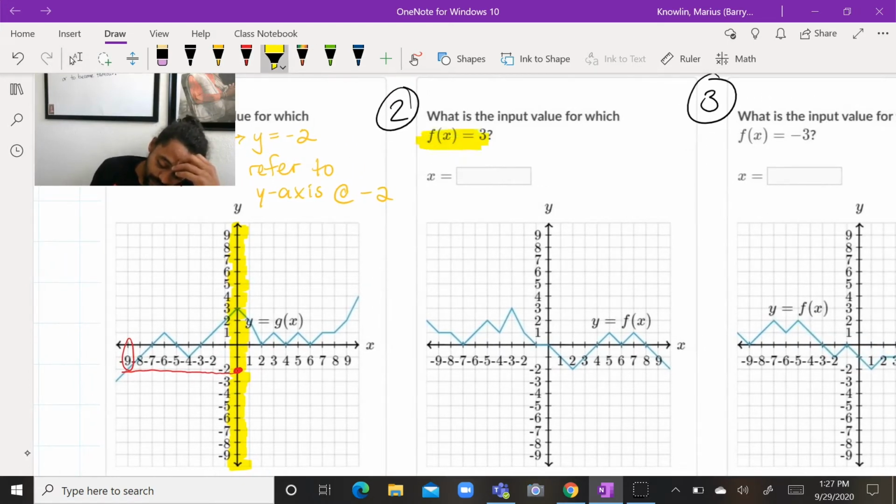Number 2, this is telling us that y is equal to 3, so we need to refer to our y-axis at +3.